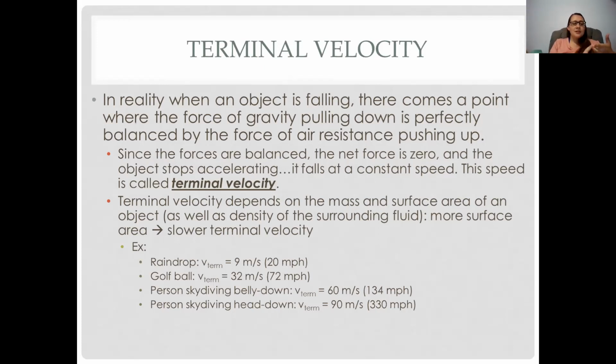But things like at rest, constant speed, constant direction, constant velocity, terminal velocity, all of those are going to give us a hint that the net force on this object is probably equal to 0. Okay, so keep this in mind as a key phrase to look for in upcoming examples.